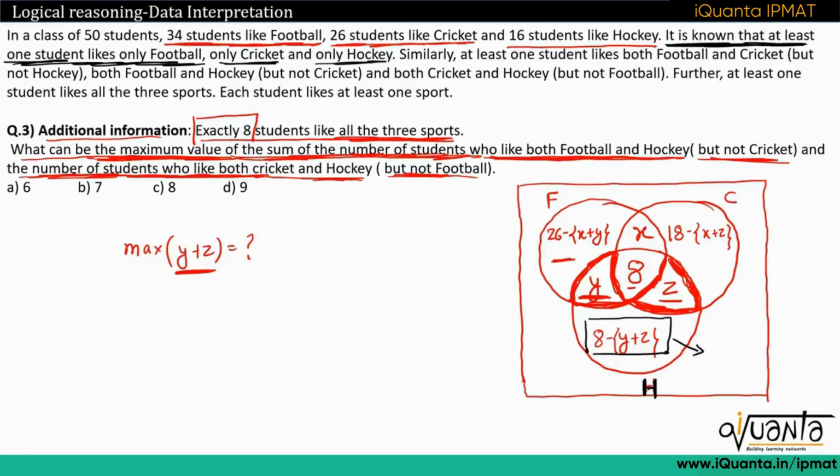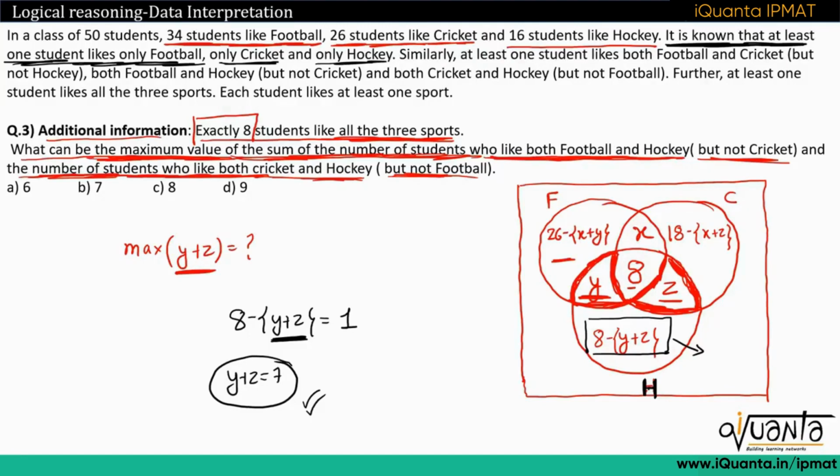So what can be the minimum value of people who play only hockey? It will be equal to 1. So 8 minus Y plus Z can have minimum value 1. So what can be the value of Y plus Z so that we get 1 on the RHS? It must be equal to 7. So this is what we need to find out, the maximum value of Y plus Z. So the maximum value of Y plus Z will be equal to 7.